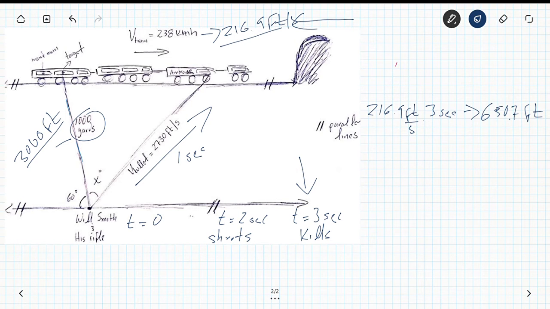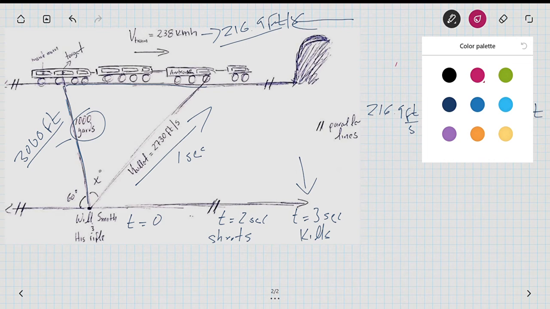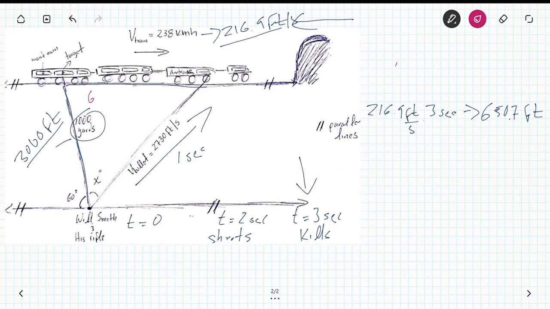I am estimating everything to the tenth of a foot. So we know that he is at 1,000 yards, and when he shoots, the train has moved 650.7 feet. Let me change the color to specify this new number that we have found, 650.7 feet.